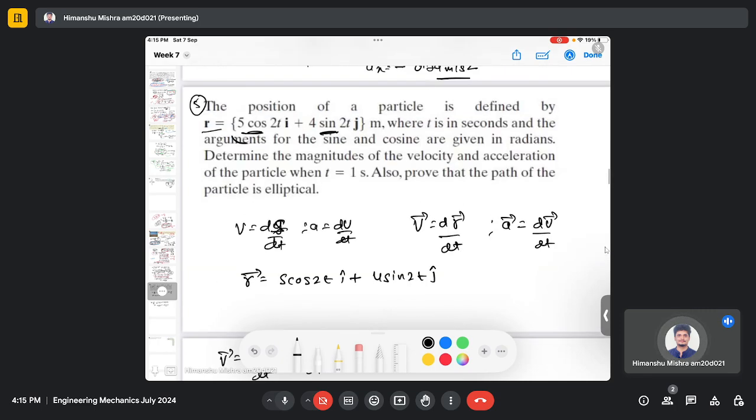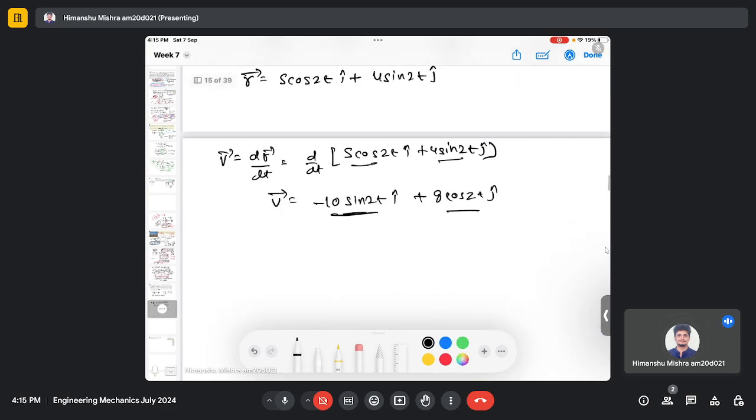So we need to find the acceleration and velocity at time t equals 1 second. If I put t equals 1, I will get minus 10 sine 2 i plus 8 cos 2 j in the y component.